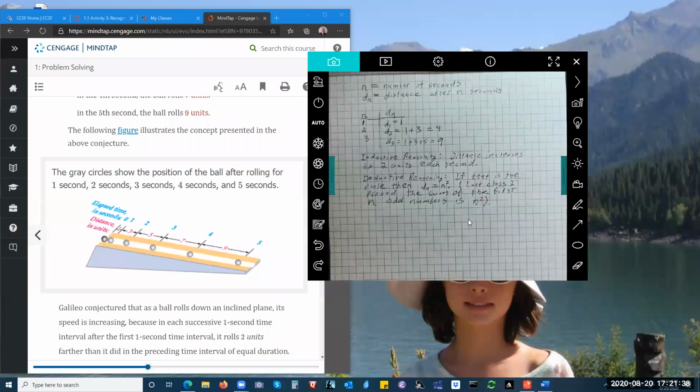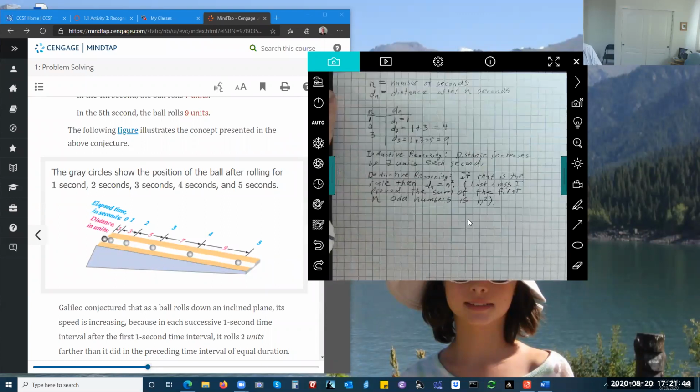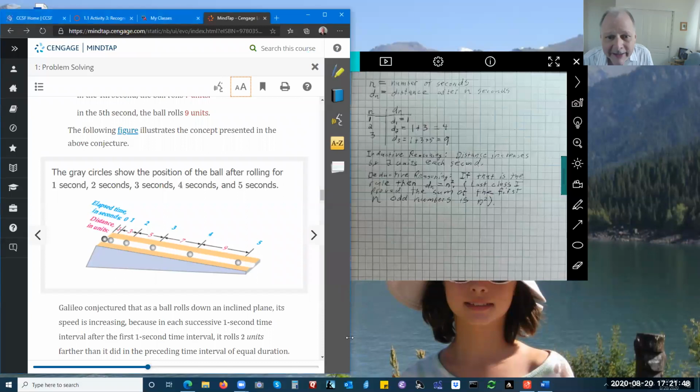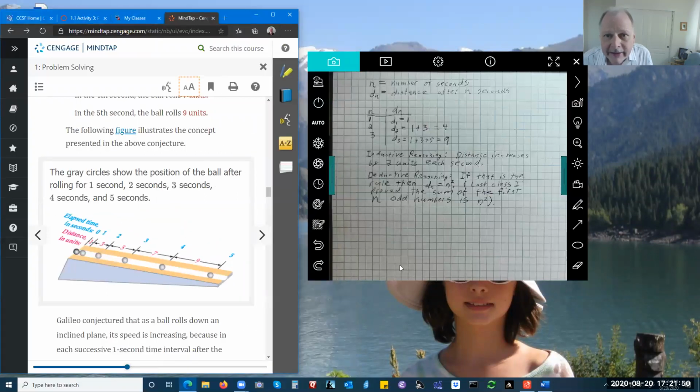So actually, Fred, could you move it back a little bit more to the right? Because now we can't see the first half. Oh, I know what's happened. Aha! I got it. Is it better now? Yes. Okay. Thank you.